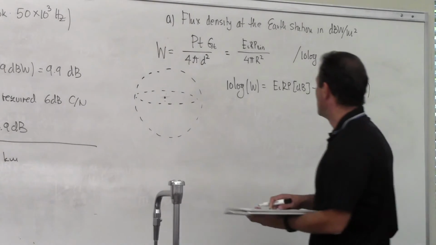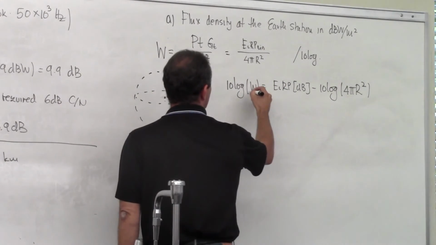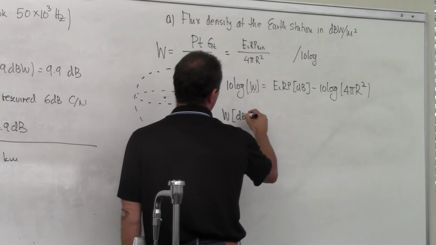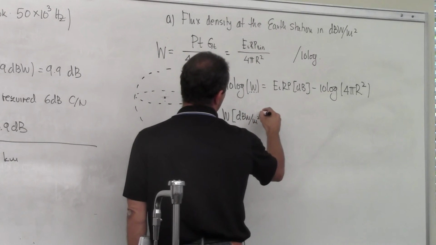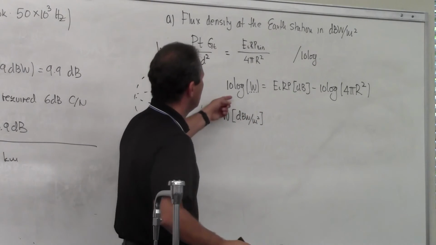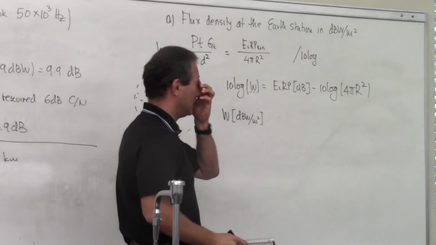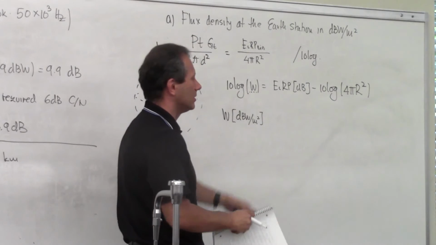The way we go around it is we assume there is a unit dividing this. So when we say your flux in dB watt per meter squared, that really means 10 log of your flux divided by 1 watt per meter squared, the reference unit, so that you get a pure number.